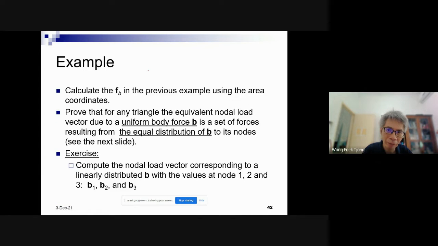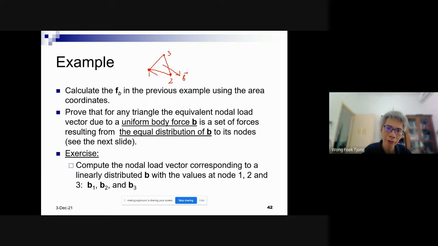For example, if we have a triangular element, okay, this is node 1, 2, and 3, and then subjected to some constant body force, right? The result is the equivalent force is distributed equally.